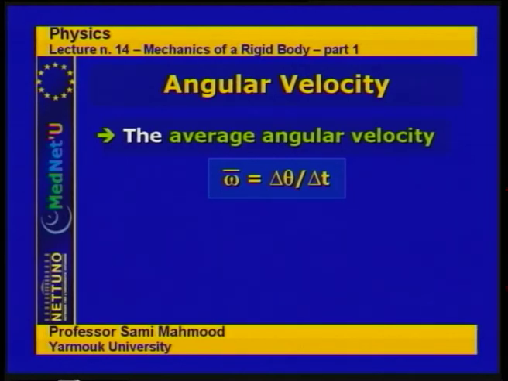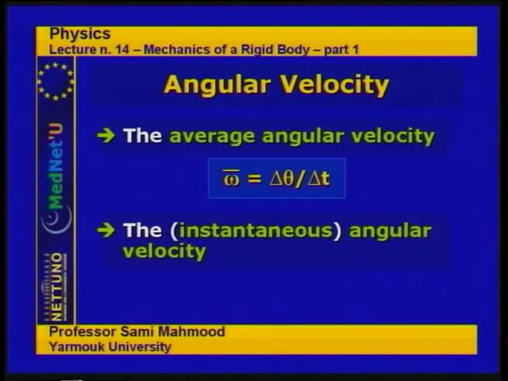This is the average angular velocity, and as usual, the instantaneous angular velocity, or simply the angular velocity, dropping the word instantaneous, can be determined from the definition of the average angular velocity by taking the limit as delta t, the time interval for the motion, goes to 0.